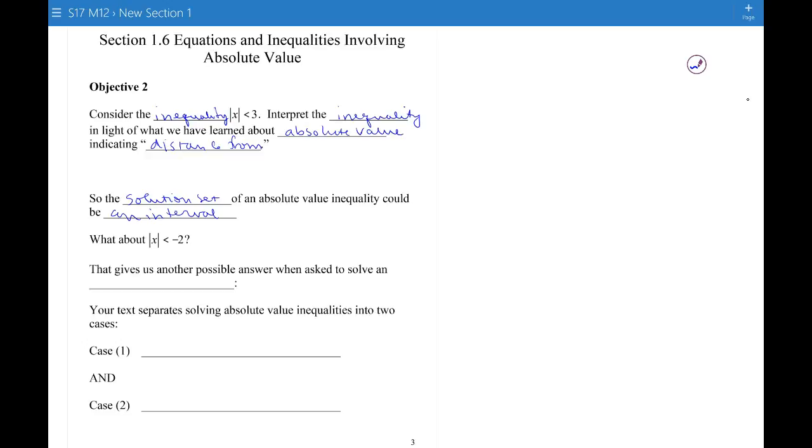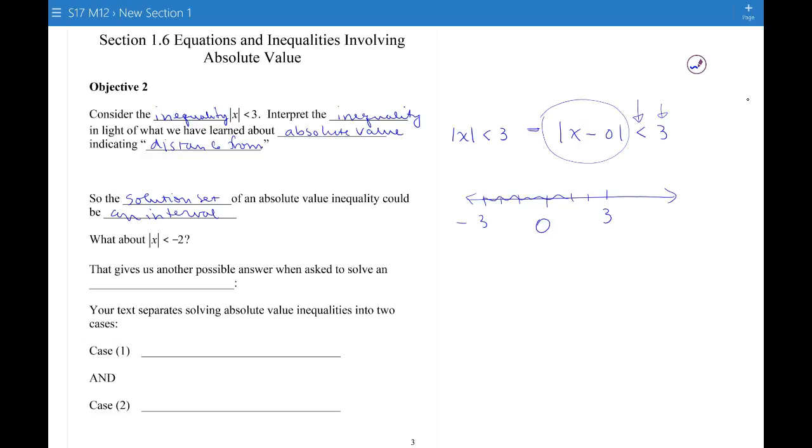So if we have the absolute value of x is smaller than 3, that's the same thing as saying the absolute value of x minus 0 is smaller than 3. So we're saying there's an interval where 0 is in the middle, 3 is one edge, and negative 3 is the other edge. And we're saying this distance needs to be smaller than 3.